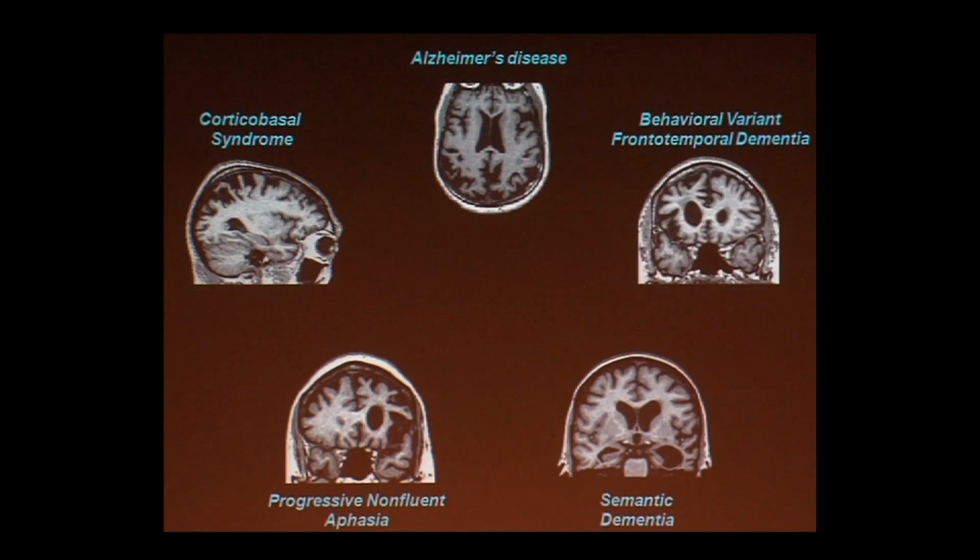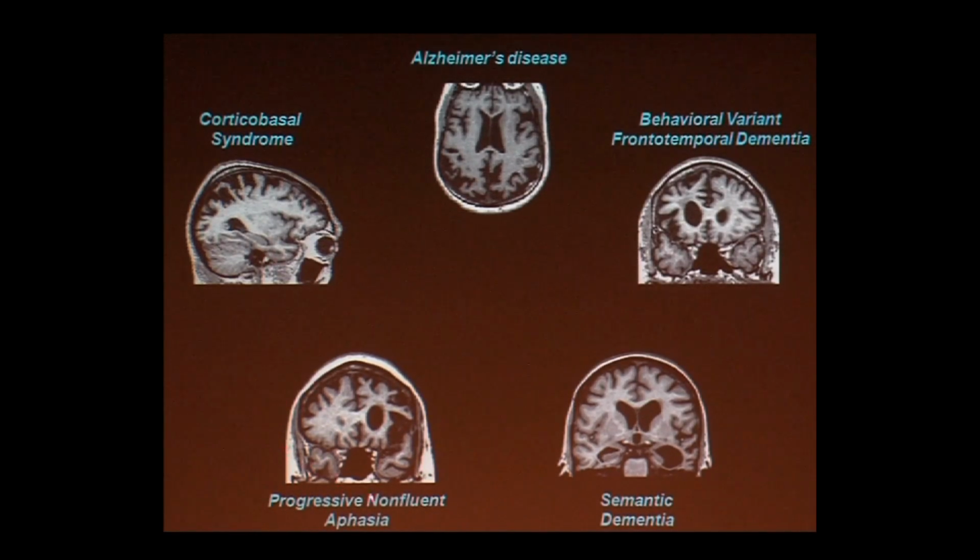So it begins with a difficulty with naming, coming up with words, and progressively patients lose all concepts about meaning in the world. And you can see why that might be the case, because in contrast to the behavioral variant of FTD, which more often affects the right hemisphere, semantic dementia is caused by a focal degeneration in the left temporal lobe, which we think is critical for representing semantic constructs.